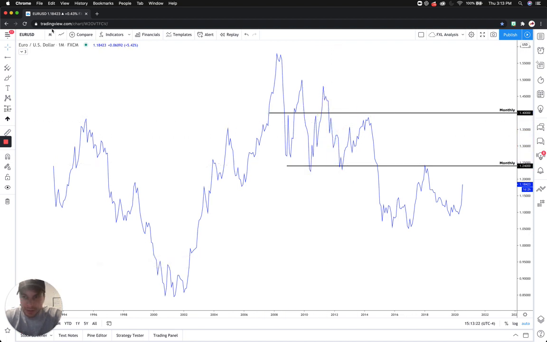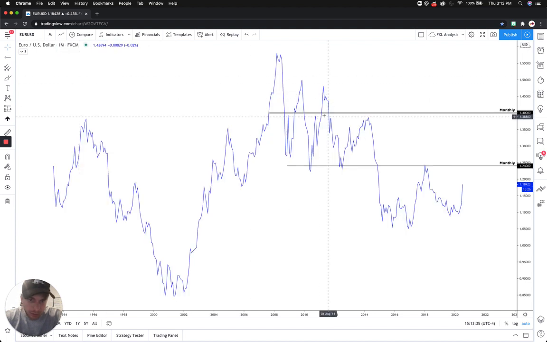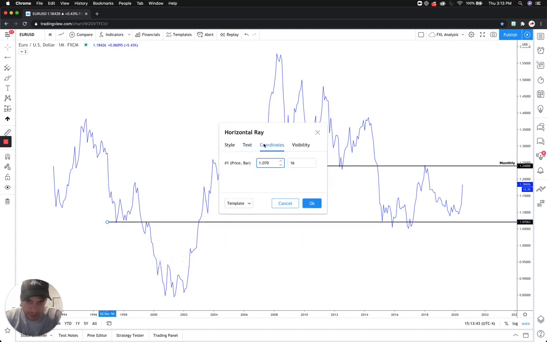About 1,500 pips. A little wide for my liking. Interesting. Okay, so I don't like that level as much, so I'm going to go ahead and delete this one, and I like this one down here a little bit better. This one right around 1.07 it looks like.